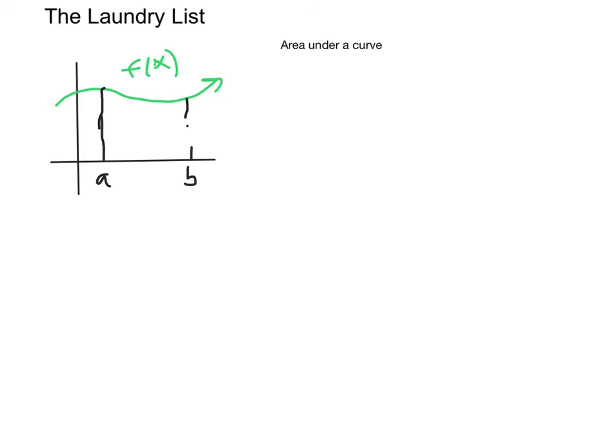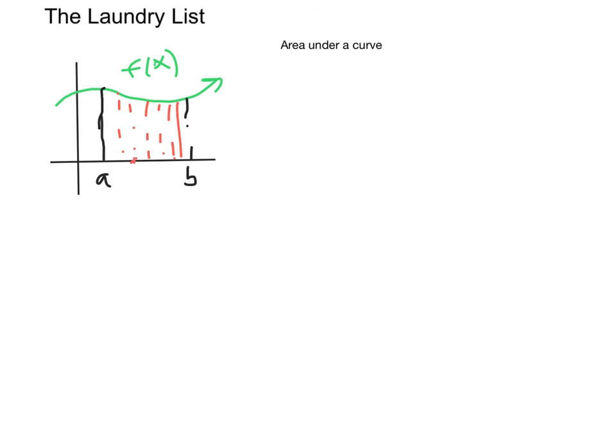And so we're going to divide that. Remember Riemann sums. We're going to divide this area into rectangles, right? And then we're going to take the limit of those rectangles, and then that's going to give us the integral, which is the exact area under the curve between A and B, right?